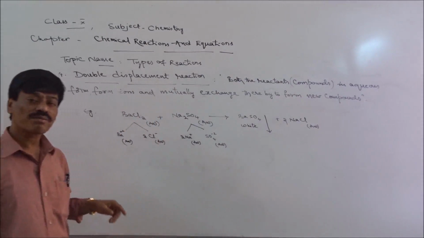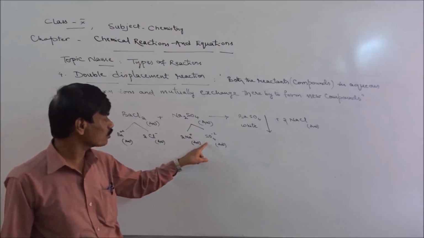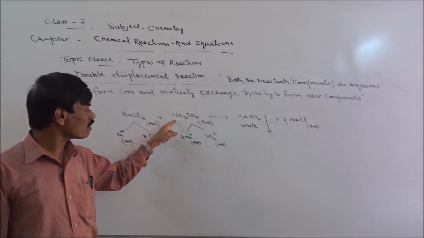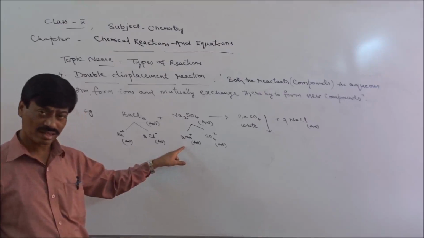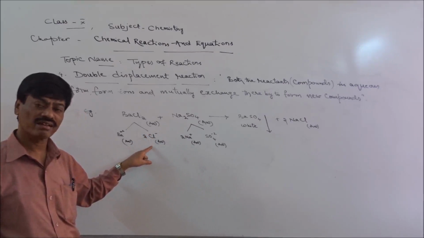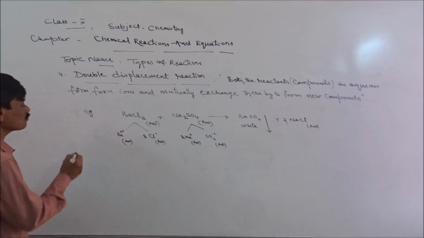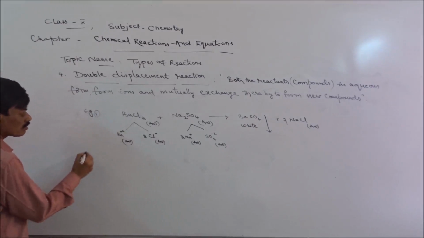That means the positive ion of barium chloride will combine with the negative ion of sodium sulfate. Same way, the positive ion of sodium sulfate, that is sodium cation, will combine with the negative ion of barium chloride, that is chloride anions. So in that way we will get the new products. This is one example. Now we'll move to example 2.